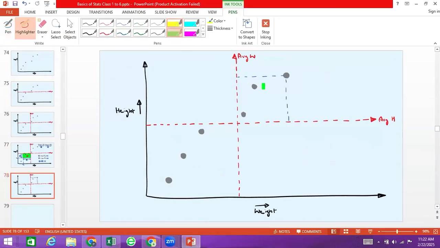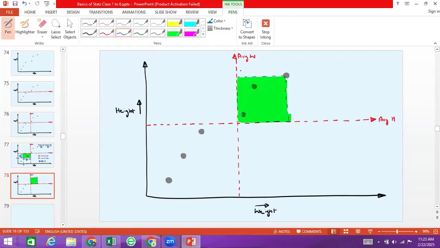Here, the same area I have. This green shaded region is the projection of the point on the averages. These are the axes made by the averages.